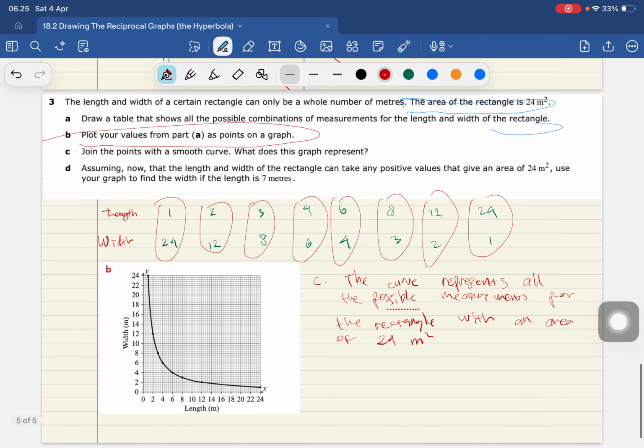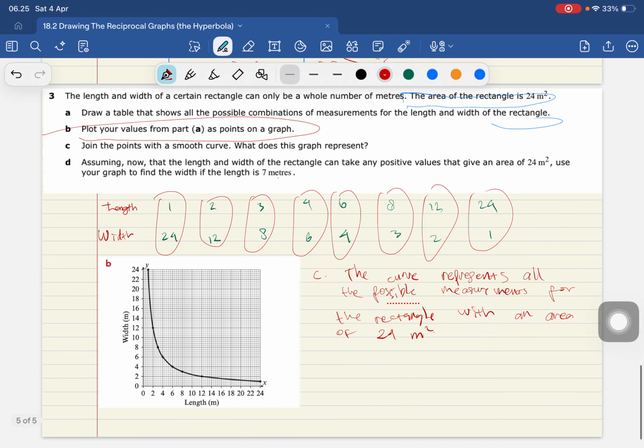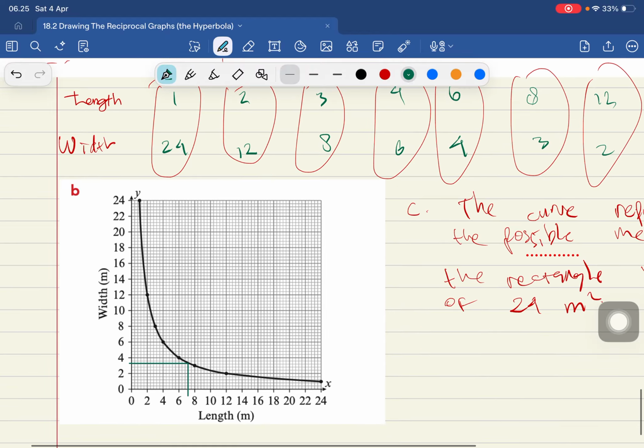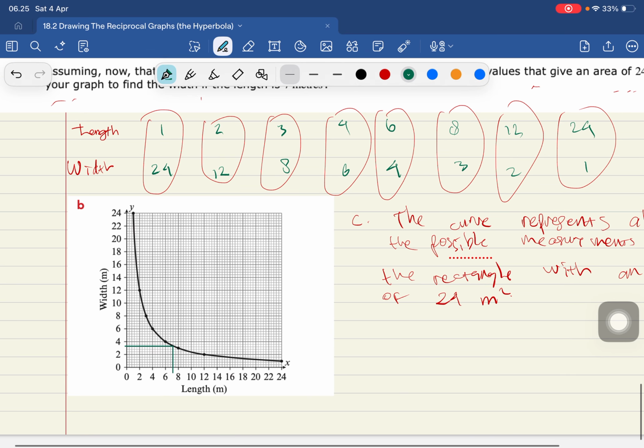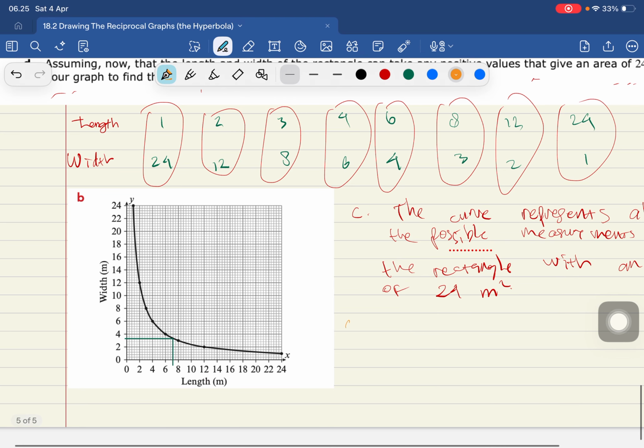Now assume the length and width of the rectangle can take any possible value given an area of 24. Use your graph to find the width if the length is 7 centimeters. So here this is 7. Here it is quite small, so we can just approximate as best we can see.